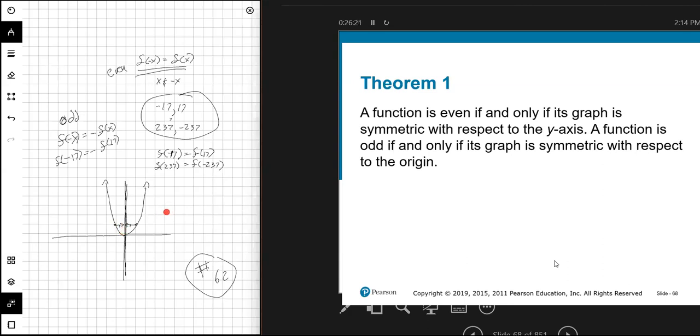And if you think about it, -2 and 2 are in the domain, and f of -2 is the same as f of 2, which is 4. They both equal 4. So that makes it an even function. Those two aspects, the fact that f of -x equals f of x, and the fact that it's symmetric to the y-axis, make it an even function.